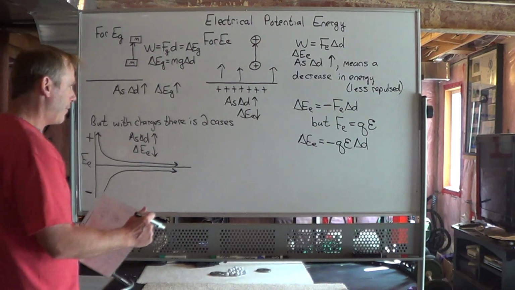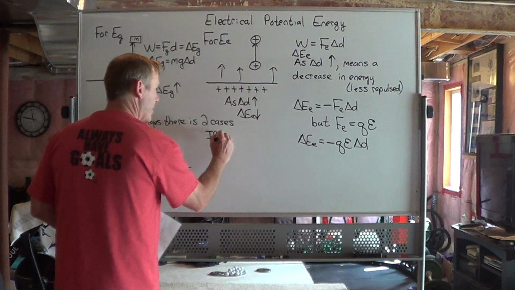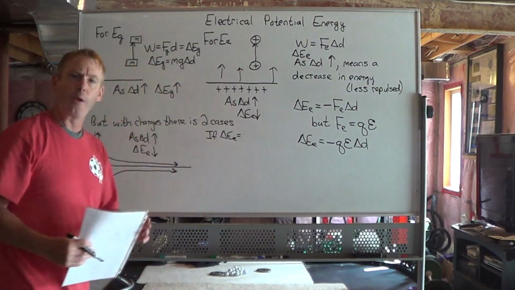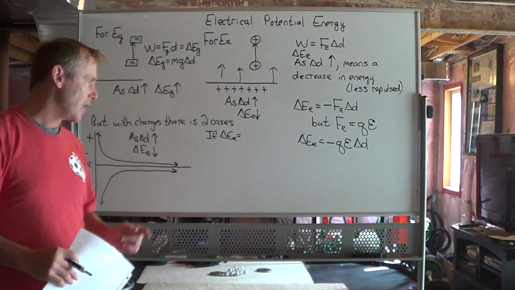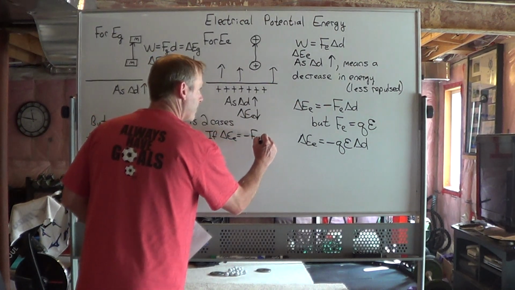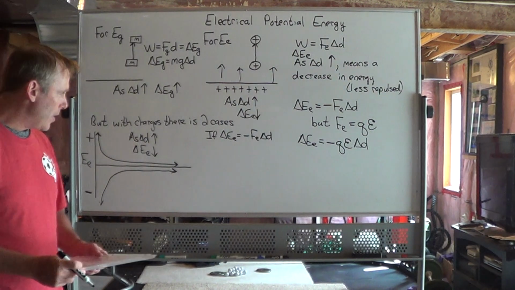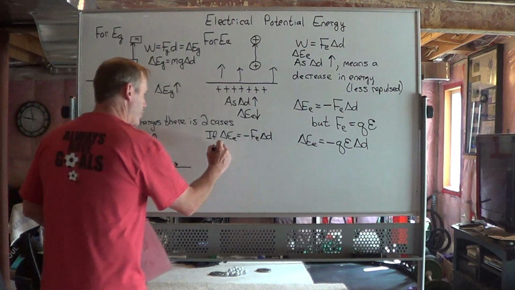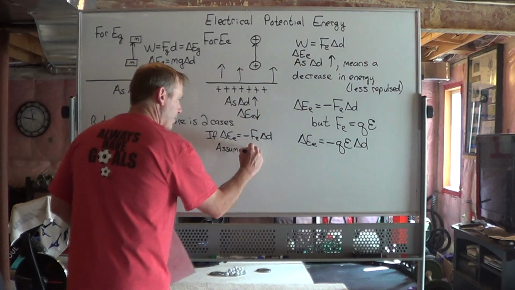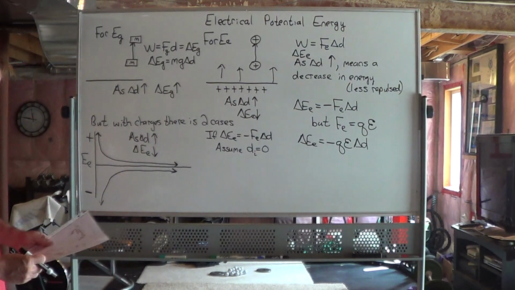Now, coming back to our formula here, delta E, our change in electric potential energy. That's the key with delta, it means change in math and science. And we have our negative Fe times delta D. Really what we're concerned about is that we're going to assume that our initial distance, di, is 0.